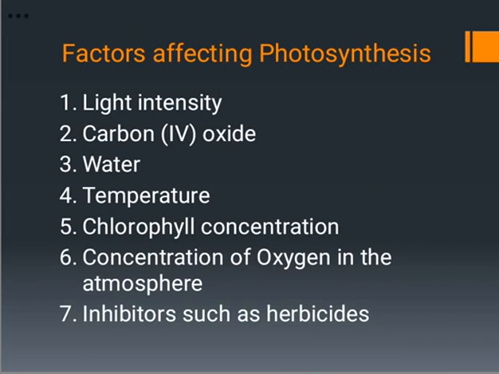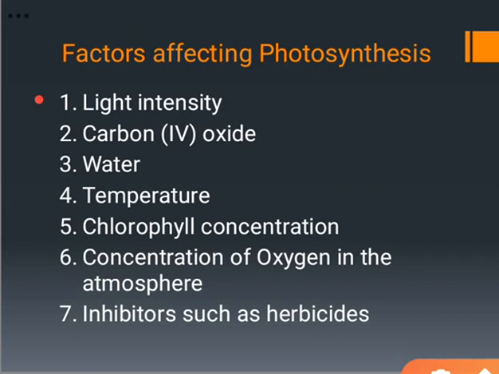If these factors are available at a particular level, they will hasten the formation of carbohydrate. But if they are low at a certain level, they are going to slow down the rate at which photosynthesis is taking place. The first of these factors is the light intensity.